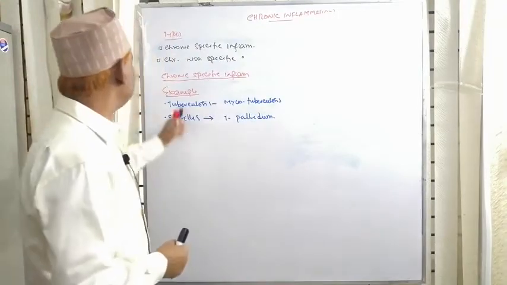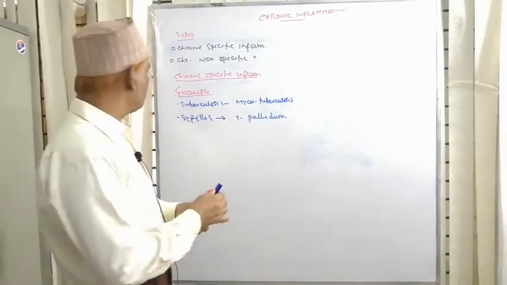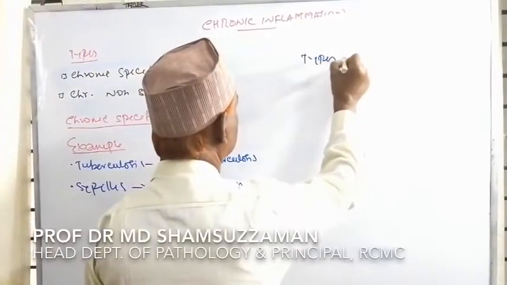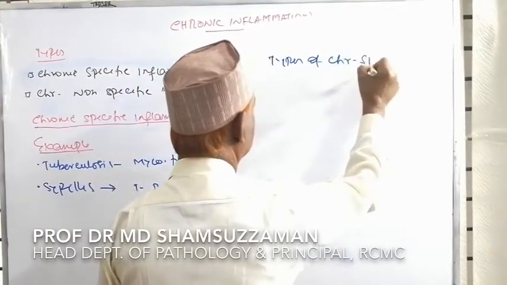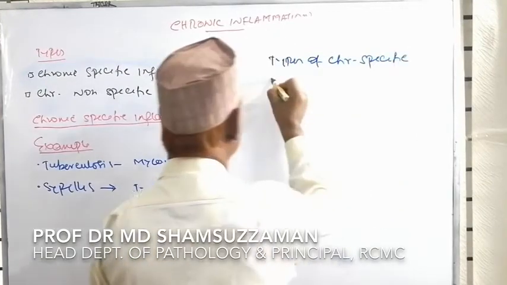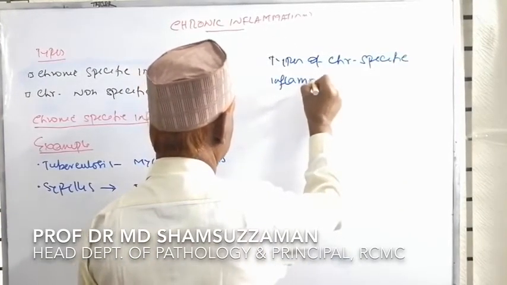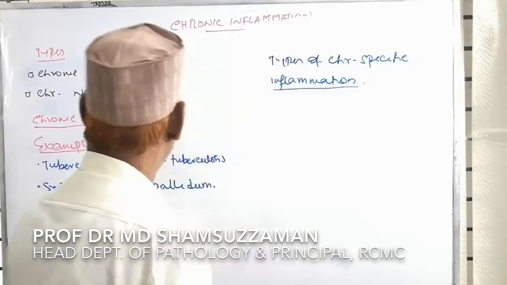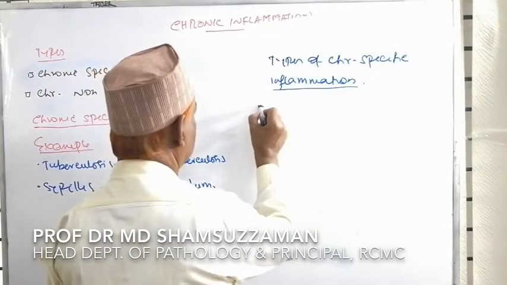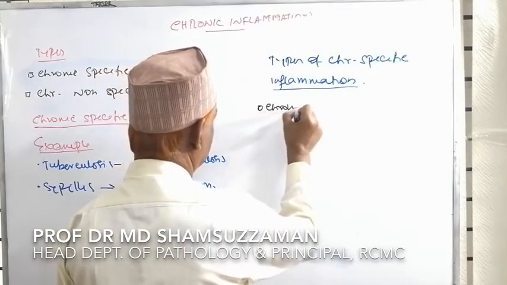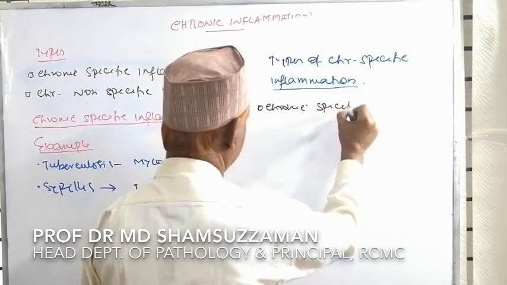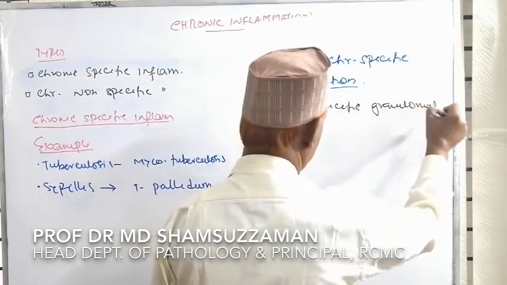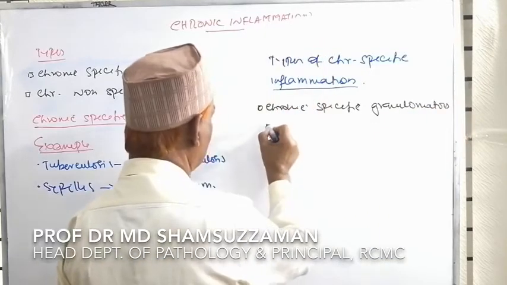Now come to what are the types of chronic specific inflammation. Chronic specific inflammation is again divided into chronic specific granulomatous inflammation.